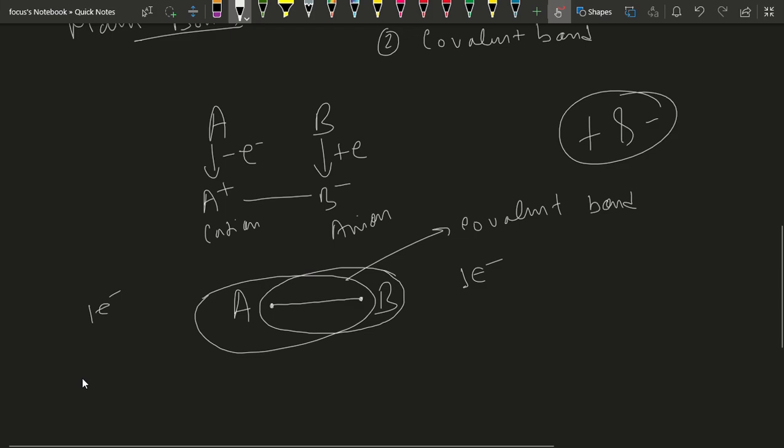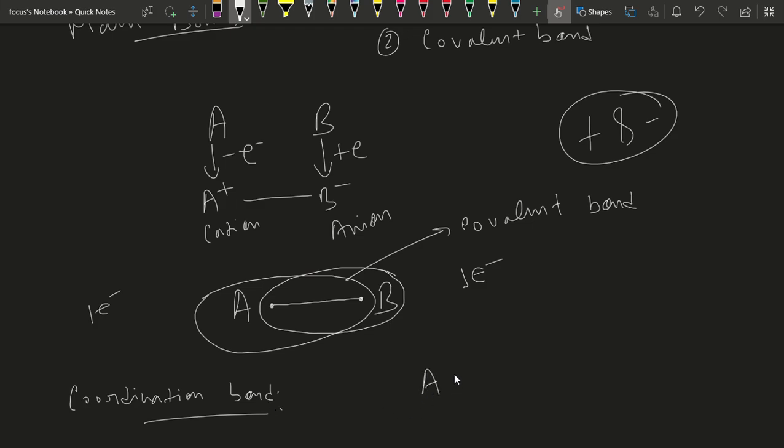And then comes the coordination bond. What is coordination bond? It is available in coordination complexes. In case of coordination bond, one entity, suppose A, has a pair of electrons, and one entity called B forms a bond with A by accepting a pair of electrons from A. This type of bond is formed by donating at least one pair, not less than that.